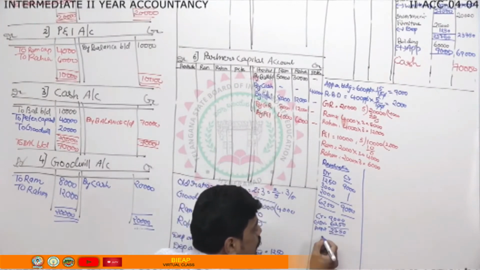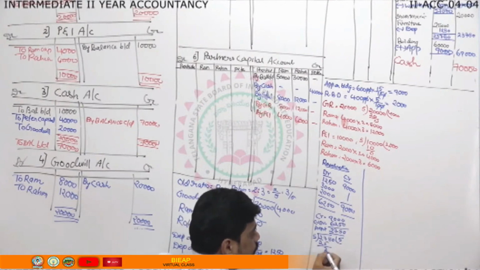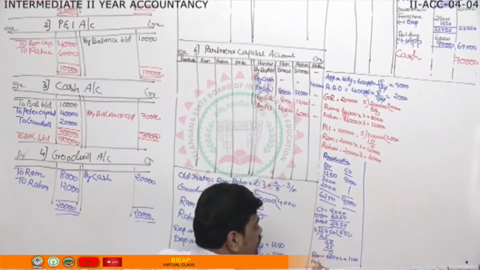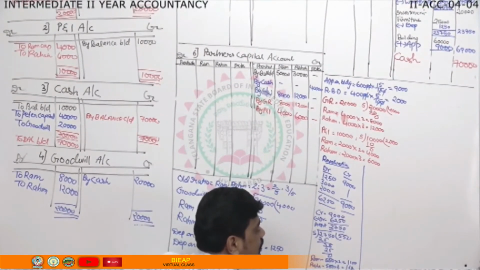Again, this 2,750, first I'll find the quotient by dividing by 5. So 5 5s are 25, and again 5 5s are 25, we got 550. Then Ram: 550 into 2, 1,100. Then Rahim: 550 into 3, 1,650.